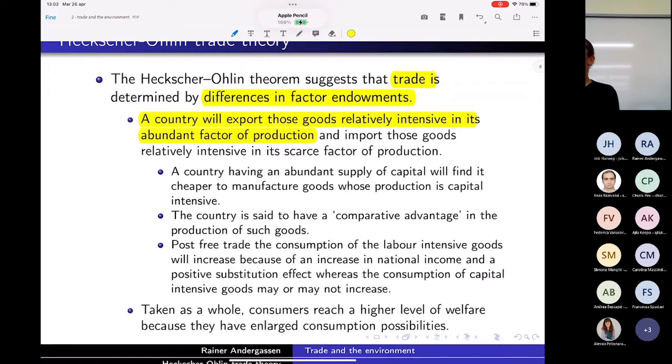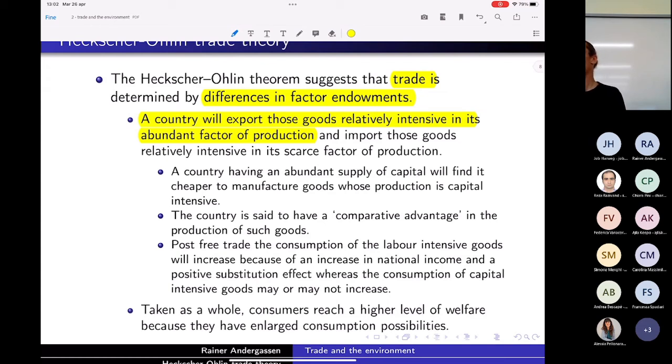Now, why is this the case? Is it clear? You have to think about it in terms of autarky first, and then opening up to trade. If you have the 2 countries that do not trade, autarky, so they're closed economies, in the US, since labor is relatively scarce and capital is abundant, the production costs are such that labor is quite expensive and capital is quite cheap.